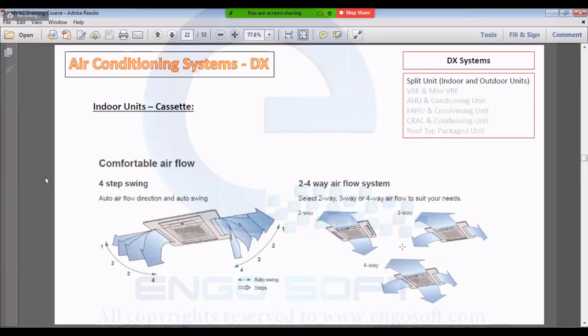Okay. So we will move to another system, which is the cassette unit, which is also mounted above the ceiling, and all that shows from the unit is the grill, right? The cassette unit has 4-step swing, where the blades can be changed in all directions.